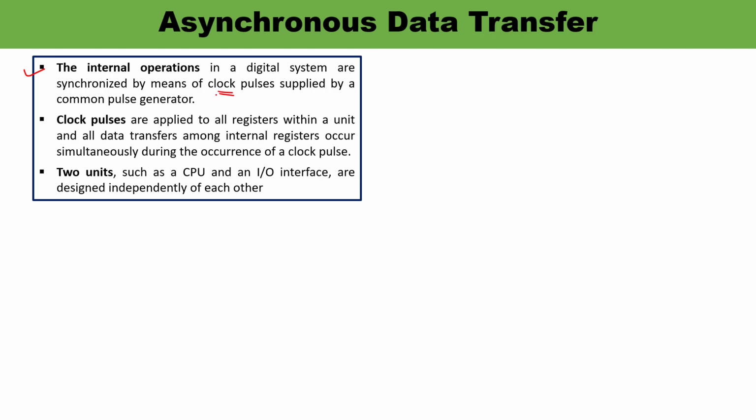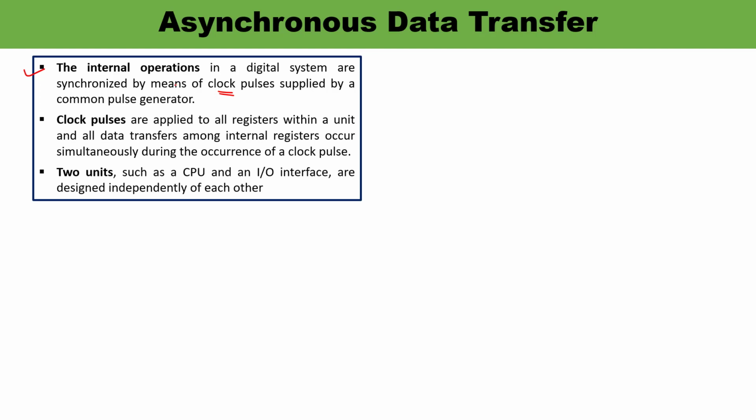When the clock pulse is supplied, then all the internal operations can take place. It means the data transfer between the registers within a unit can take place with the help of the clock pulse application, and this clock pulse is generated by a common pulse generator. So when the clock pulse is applied, then only the internal operations take place.